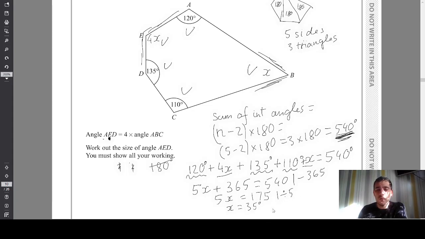So the next step is just to work out AED. That's right, the AED angle will be equal to 4 times 35, which will equate to 150 degrees.